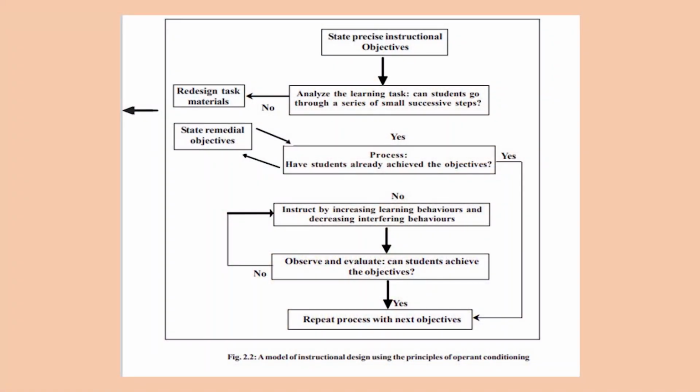Now, as you will see in the instructional design model that is given in your course material and is also being shown on the slide, as illustrated, the principles of learning derived from behavioral theories can potentially affect instructional design decisions in many ways.